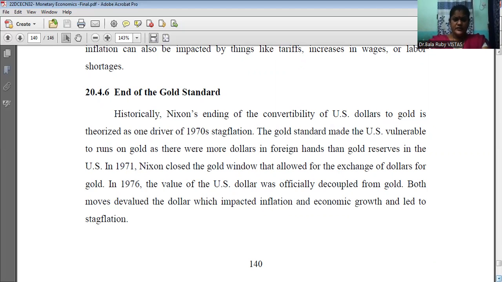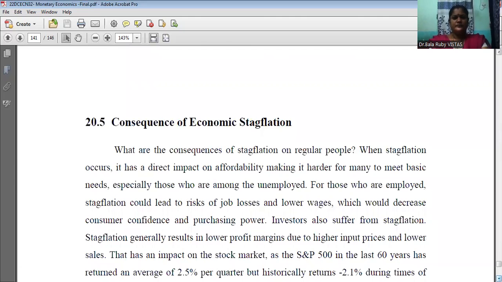In 1971, Nixon closed the gold window that allowed for the exchange of dollars for gold. In 1976, the value of the US dollar was officially decoupled from gold. Both moves devalued the dollar, which impacted inflation and economic growth and led to stagflation.